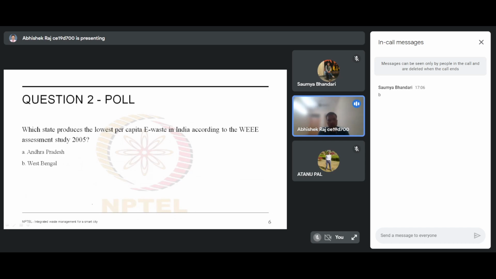Andhra Pradesh, West Bengal, Delhi, and Bihar. So we have one response for D.